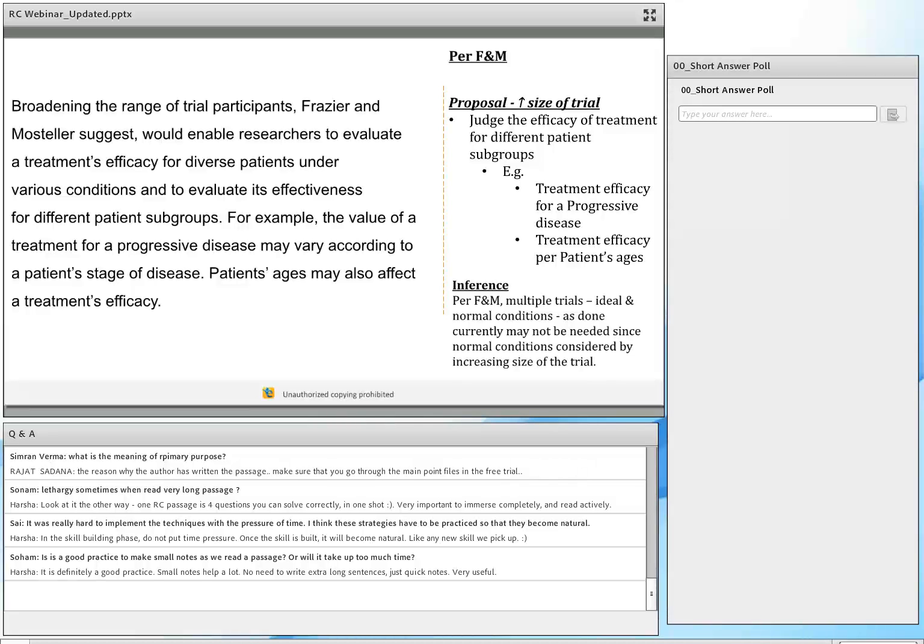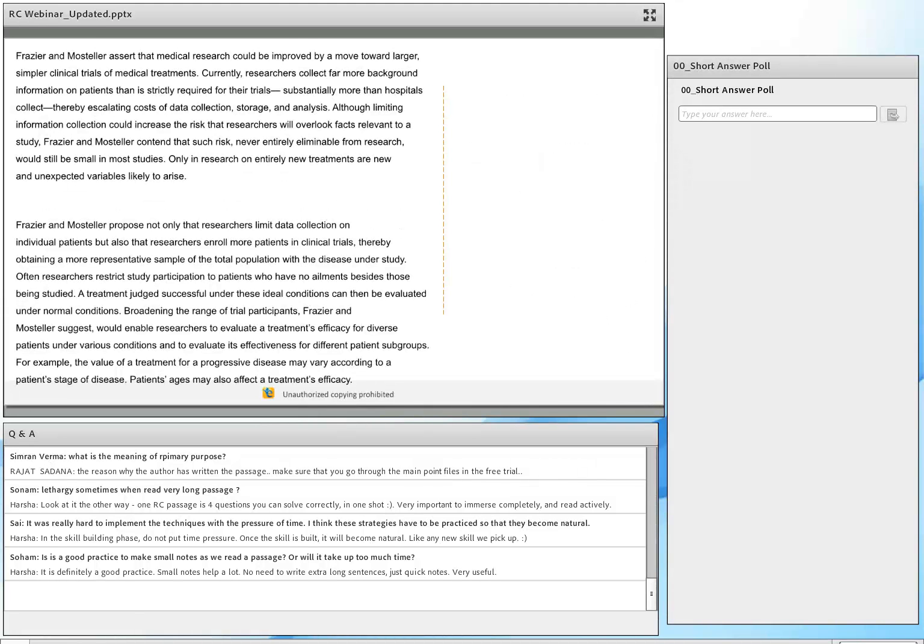So what you can really say is, given this, as you can infer, that per FNM, ideal and normal conditions, right? That the two steps may not be needed if you consider a larger trial. All right, so now you've read the passage over here. Now let's kind of go forward.